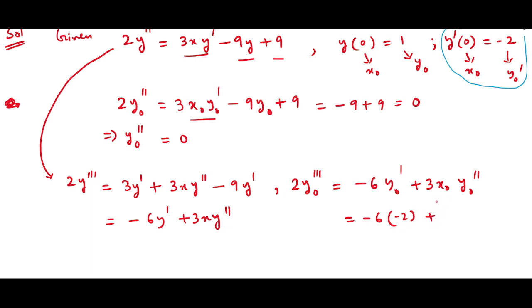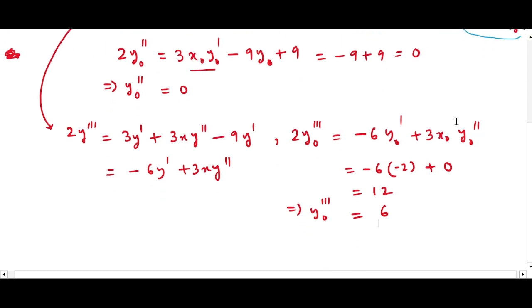And then in the second term we have x naught. If we put x naught equal to 0, this will become 0. So how much will we get? We will get 12. Since on the left-hand side you have 2, we need exactly y naught triple dash. So dividing both sides, you will get 6. So this is the third order derivative at x equal to x naught.